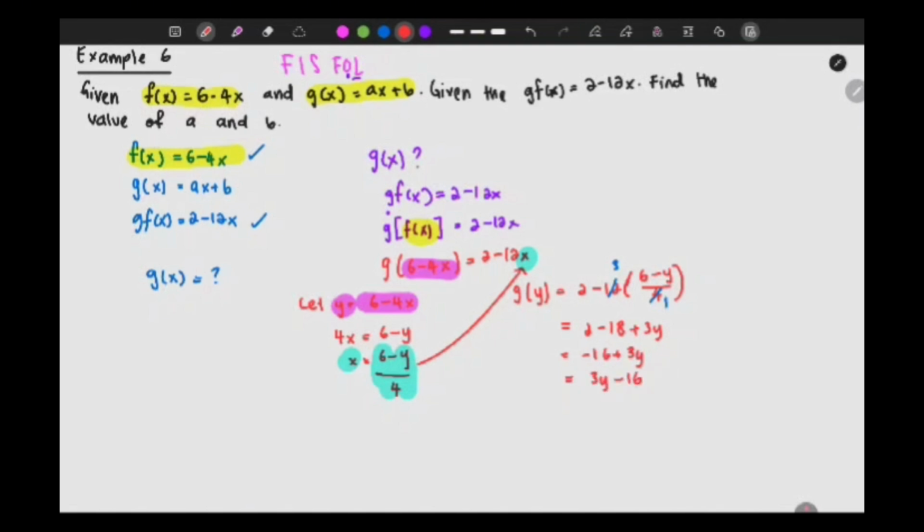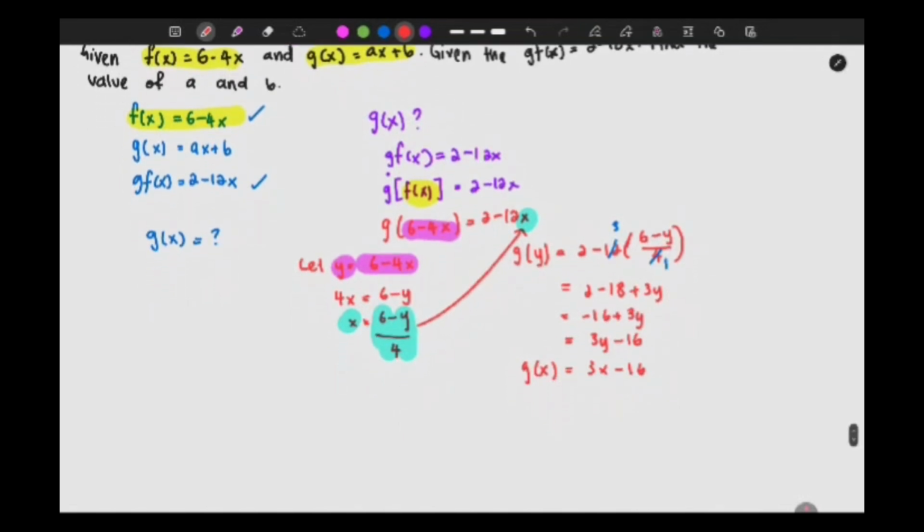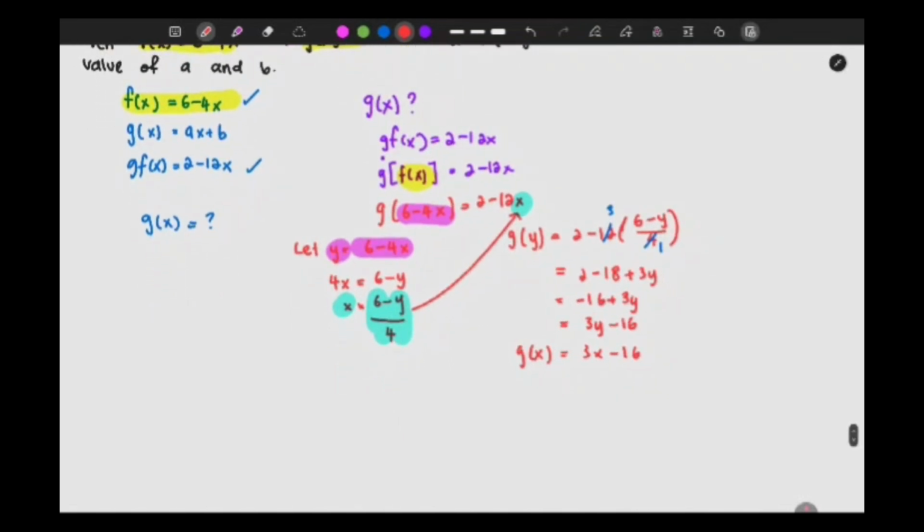And now compare. The last step is the same: compare what you get and what they give. What they give us is ax plus b. What you get is 3x minus 16.